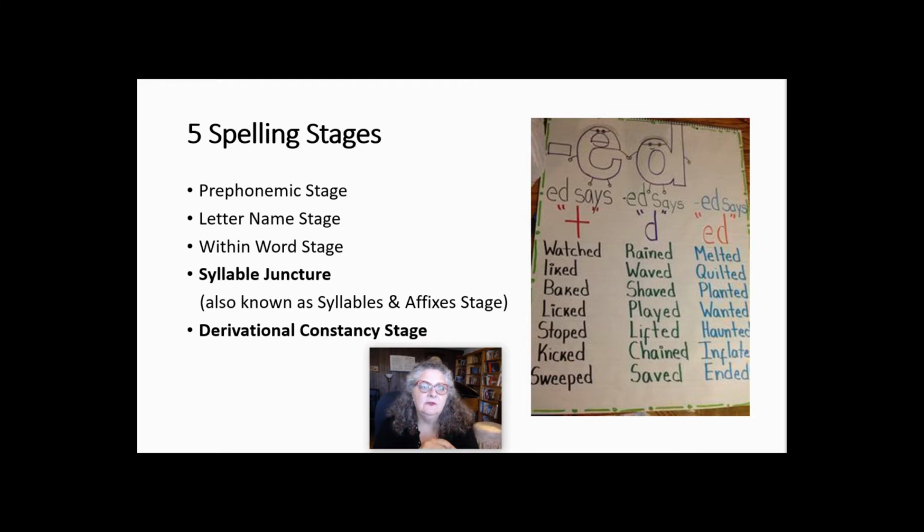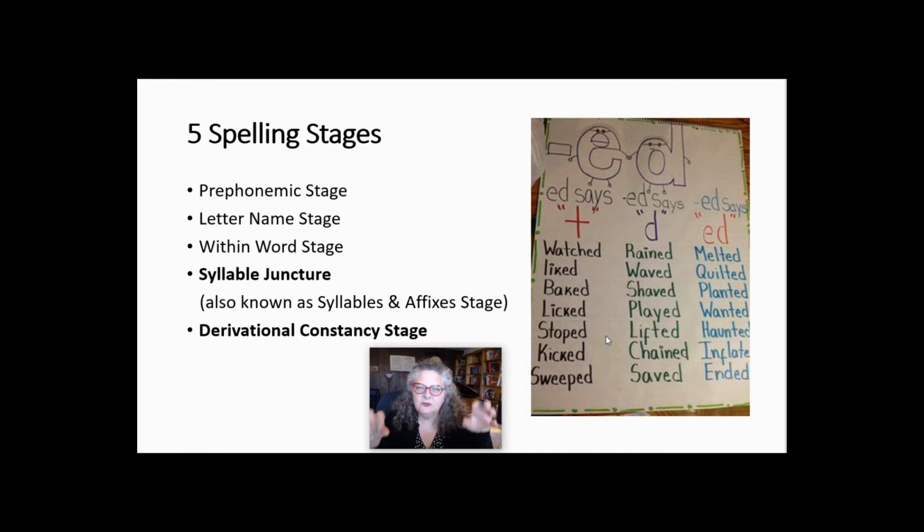So if you know viz means to see, and you put in front of it, which means not, and a bull at the end, you're going to get a word that means not able to see, invisible, right? And so in derivational constancy, as the term indicates, we're looking at the derivation of words, and we're looking, what is the history of the root viz, and what does it mean in Greek?